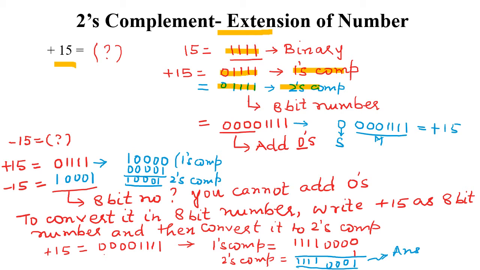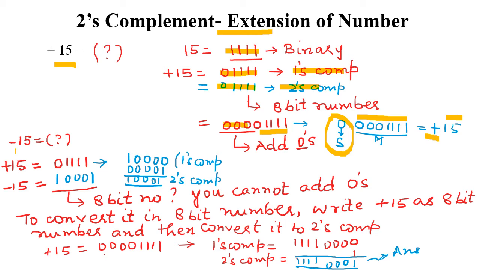You have to simply add a sign bit in front of it. Now, to convert it into an 8-bit number, I can simply add 3 more zeros in front of 0 and 4 ones. This is equal to plus 15 because the first 0 will now represent the sign bit, which indicates the number is positive. The remaining bits, which are 000 and 4 ones, are equal to 15, so it represents plus 15.